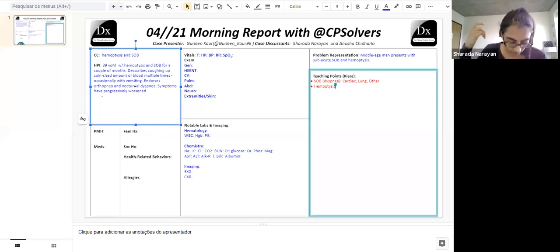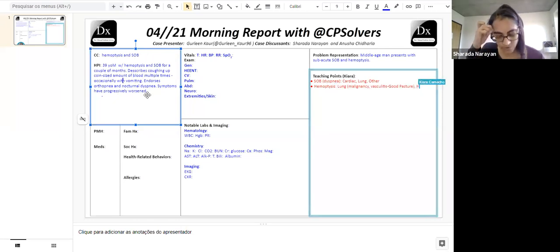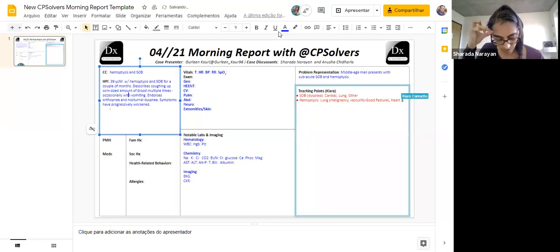So something could be going on in the lungs, but I'm not letting go of the heart either, because of the symptoms he's endorsing of orthopnea and nocturnal dyspnea, which really sound like heart failure symptoms. So I'm trying to tie together this picture of someone who possibly has pulmonary edema with coughing up blood.